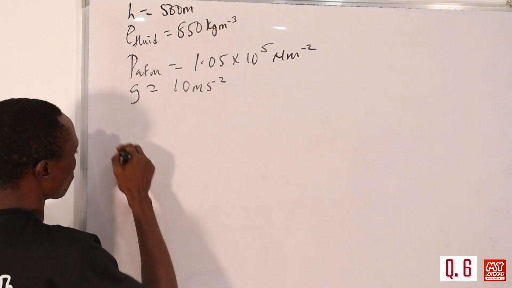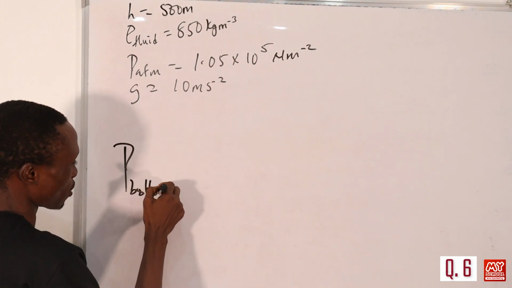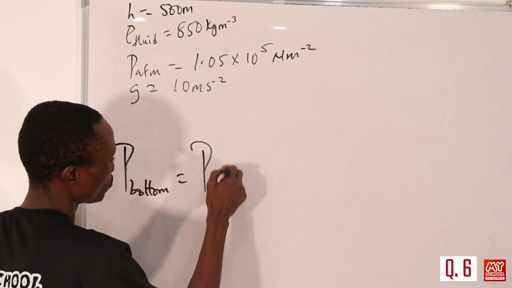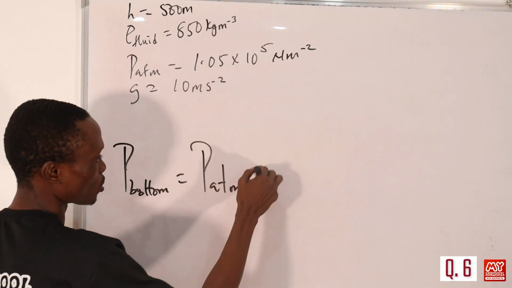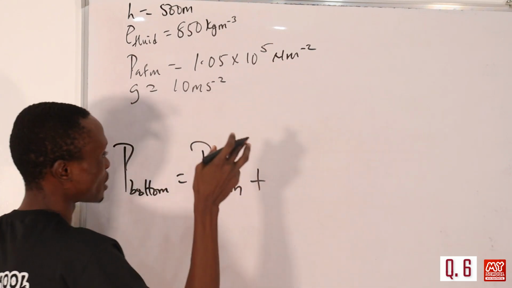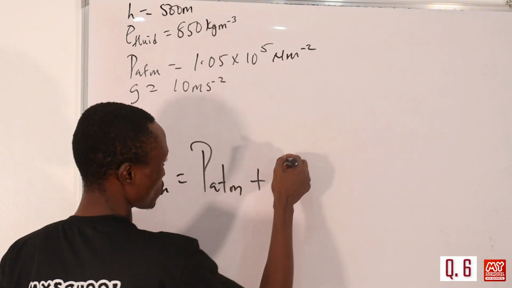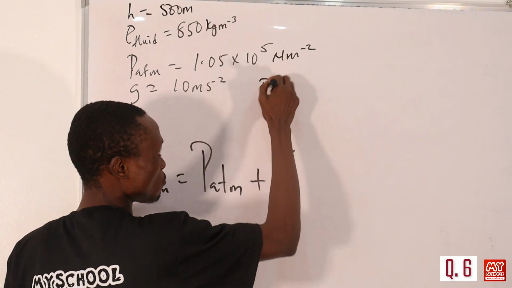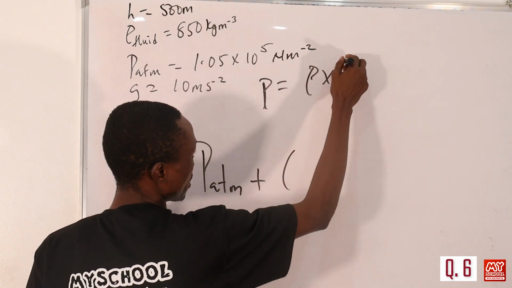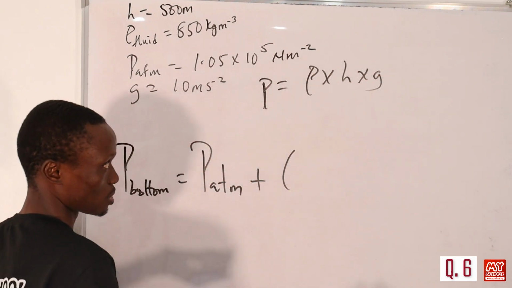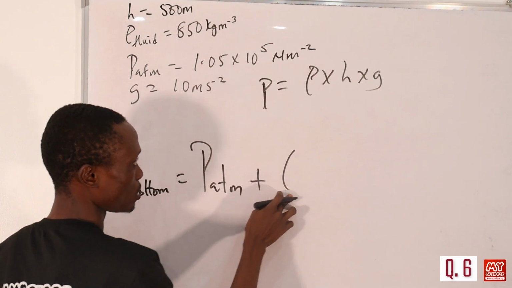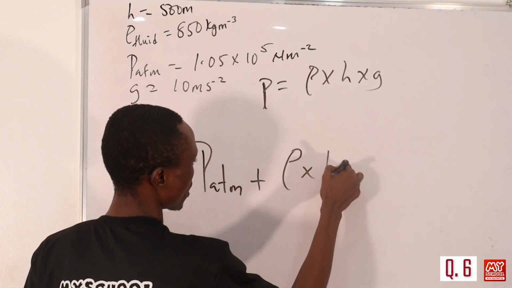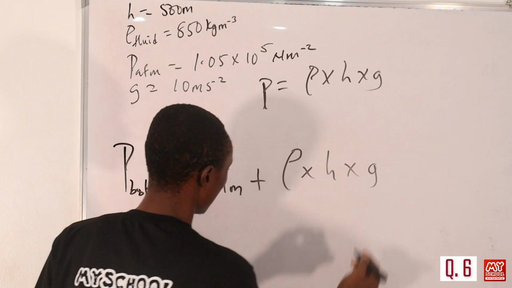So in this case pressure at the bottom of the reservoir is equal to P, which is the atmospheric pressure, plus pressure due to the height of the fluid. Remember that we can calculate pressure using the formula density times height times acceleration due to gravity. So basically that's what we'll be using here: density times height times acceleration due to gravity.